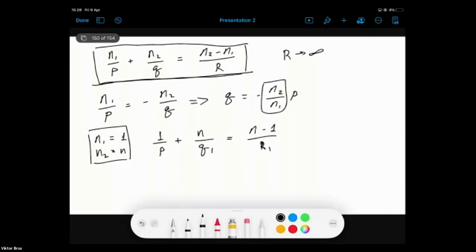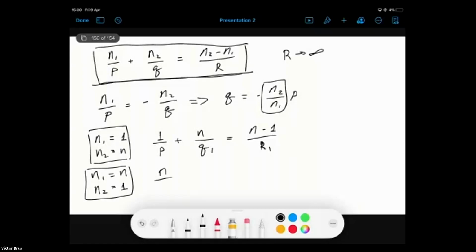Now for the second surface, we can write the following. Now N1 is equal to N, because the beam is already inside the material of the lens, and N2 will be air because it goes out from the lens back to the air.